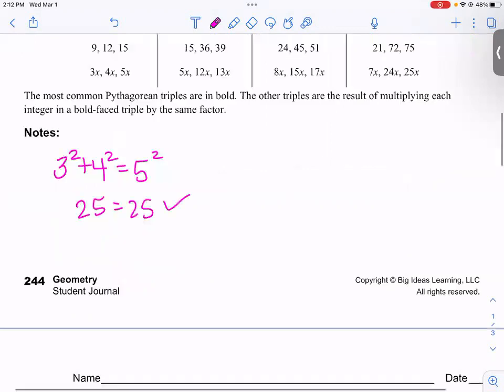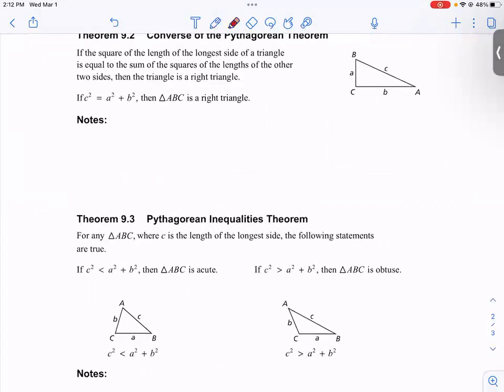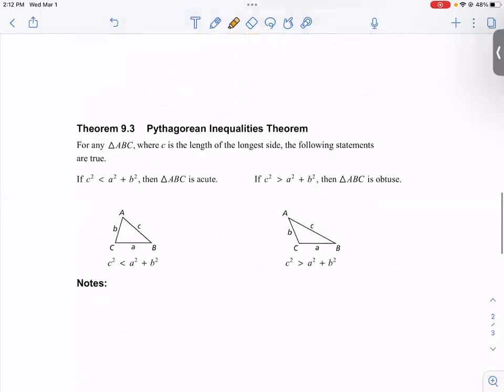So if you look over at the right side, if we plug into the Pythagorean theorem and it works, then we have a right triangle. However, if c squared is smaller than a squared plus b squared, then we have an acute triangle. If c squared is bigger than a squared plus b squared, then we have an obtuse triangle. So let me demonstrate that for you, please.